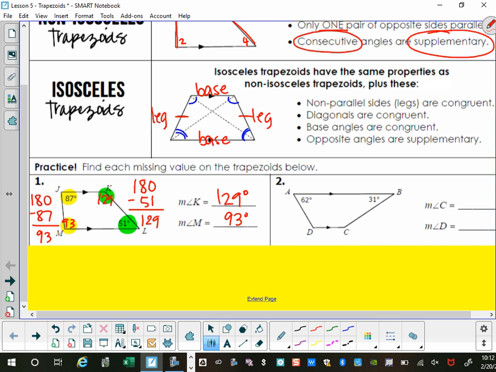All right, for number 2, same side angles are supplementary. So let's look at the left side. If angle A is 62, what is angle B going to be? How did you get 118? 180 minus 62. All right, Lulu did 180 minus 62.